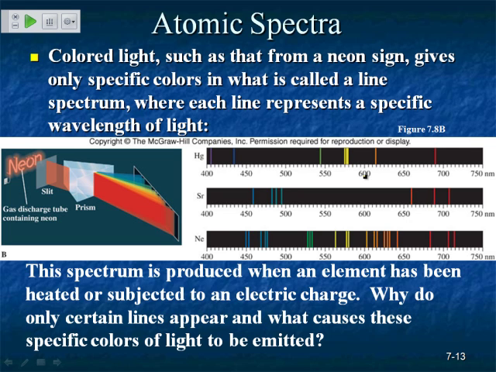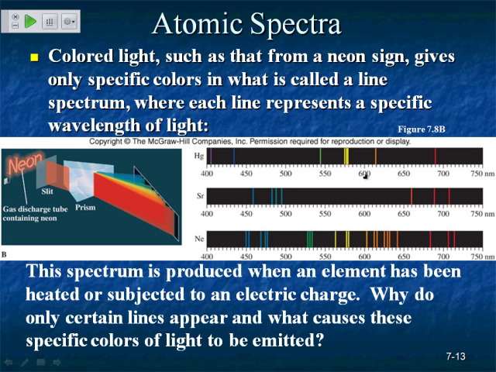This is coming from mercury, this is coming from strontium, and this is the neon light, which we normally use in those flashing signs. So they give us something called a line spectrum, because only lines at specific colors are visible. Rest is just black. Okay.